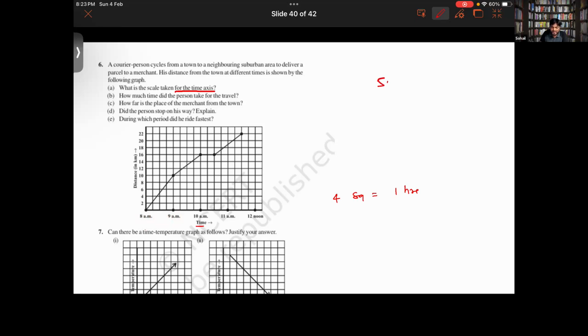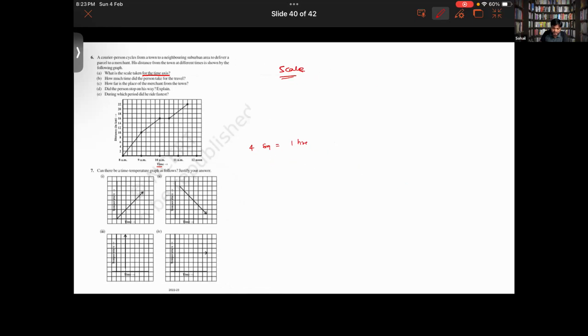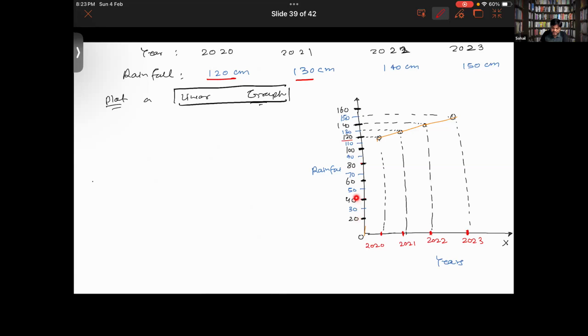Okay now, by the way, scale here basically refers to what value you are taking here, like what we have been discussing so far. This is called the scale of the graph, and the scales on the x and y axis will always be different. In some cases it can be equal, right?